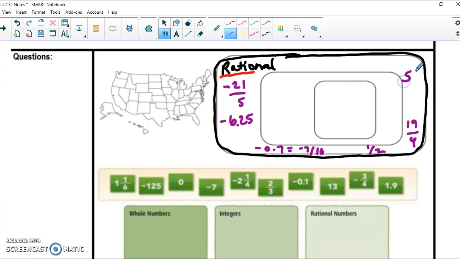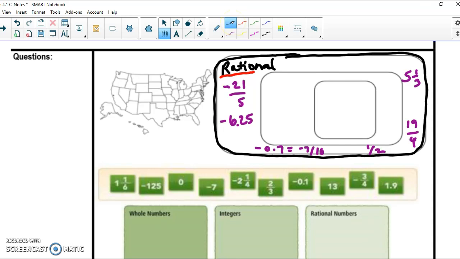Let's consider 5 and 1/3. How can I know for sure whether or not this is rational? It's currently a mixed number, but I could write this as the improper fraction 16/3, so we would say that this is rational as well.